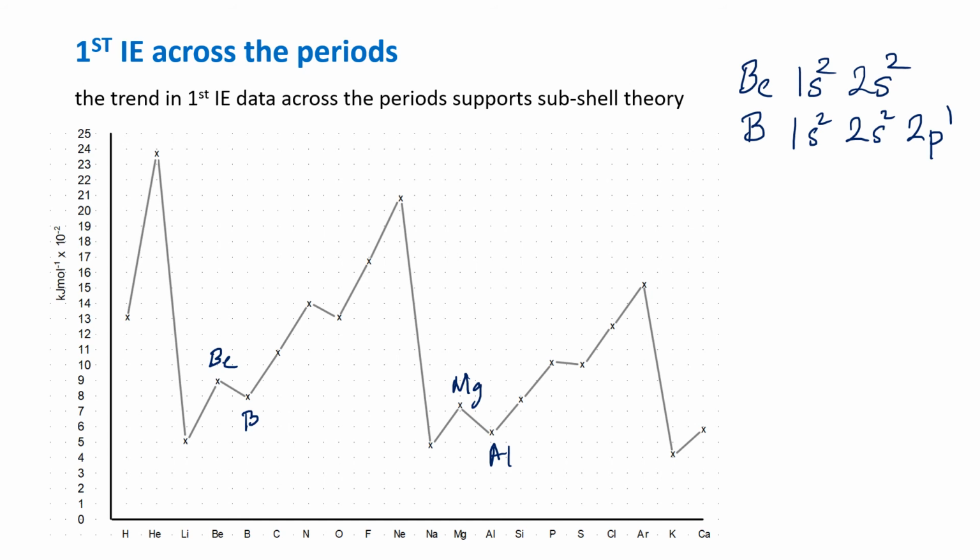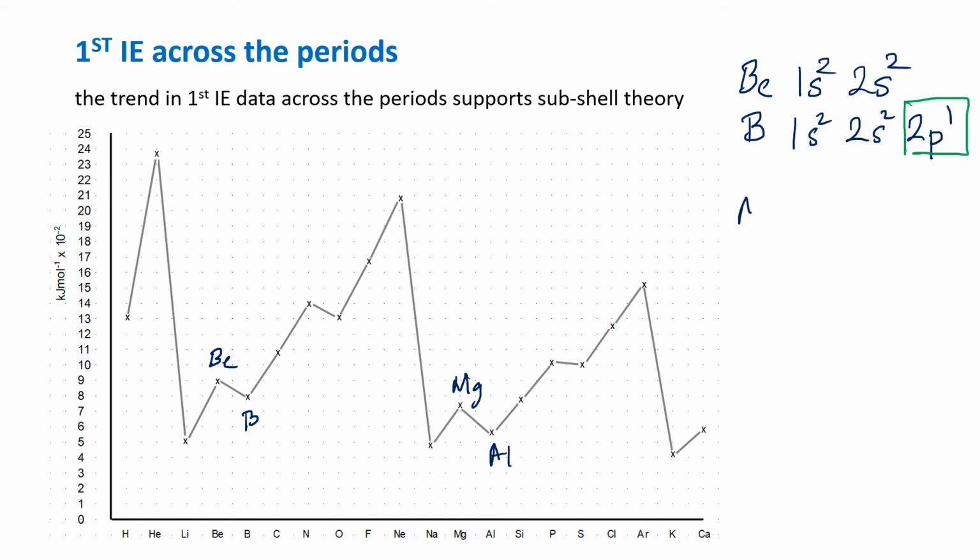Well, the electron to remove in boron is in a higher energy subshell, so it will be easier to remove. So this peak here supports the idea that beryllium is more stable than boron. That is, boron's highest energy electron is in a p subshell, a higher energy subshell, and is therefore easier to remove.